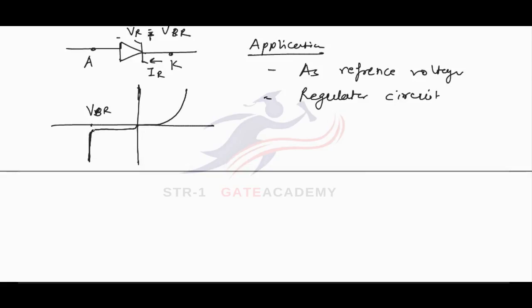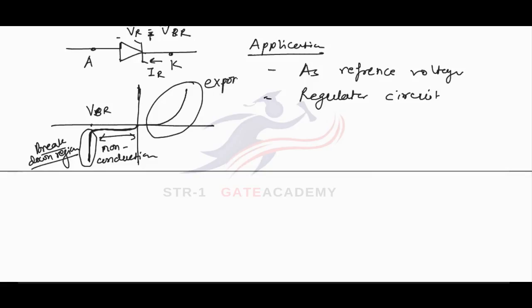So we will get the characteristics like this. This particular region is breakdown region. In this particular region it is non-conducting, and in this particular region it is operating like a normal PN junction diode, and an exponential curve will be obtained. The cut-in voltage for Zener diode will be 0.7 volt because it is always fabricated with silicon.